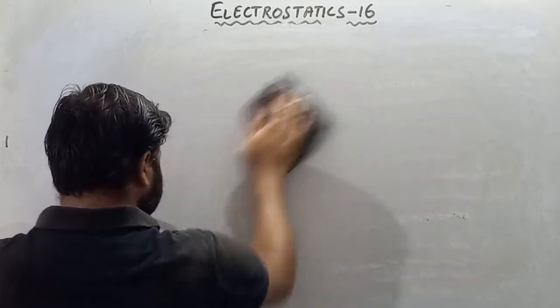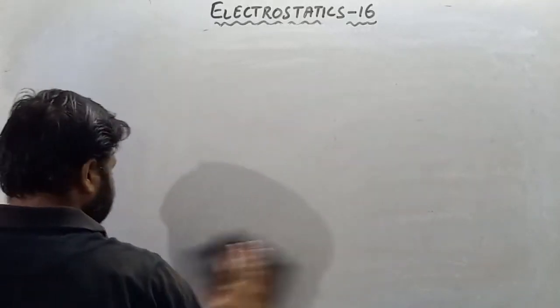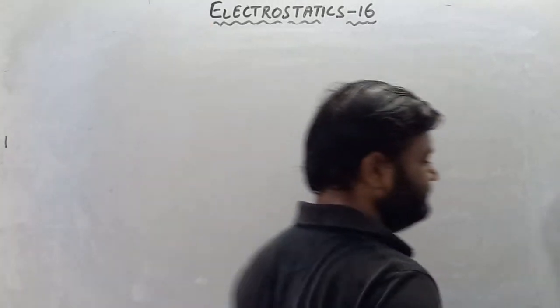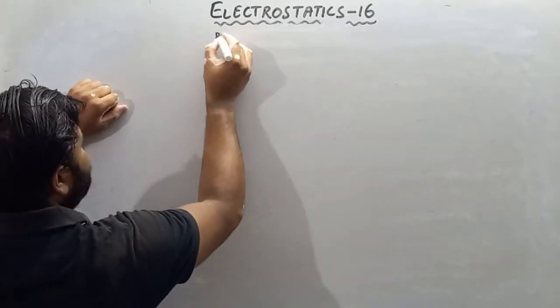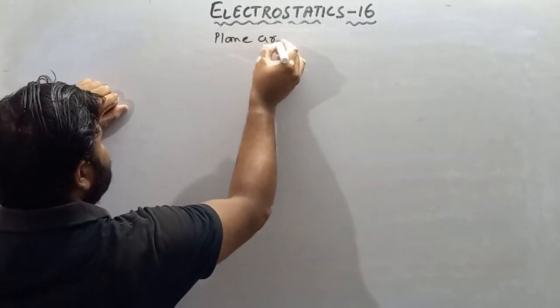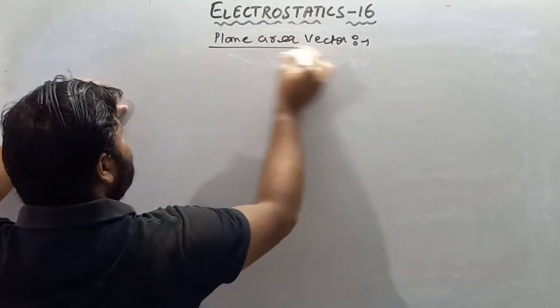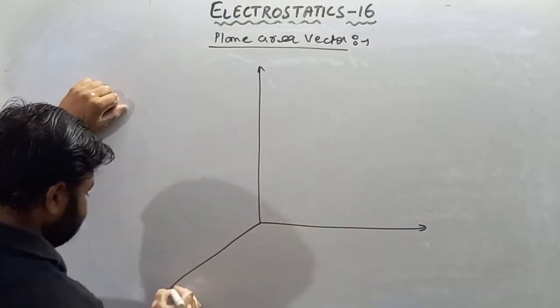Now we'll discuss more about plane area vector. So write down plane area vector. I'll consider a cuboid. Let's suppose, my dear student, this is our Cartesian system.